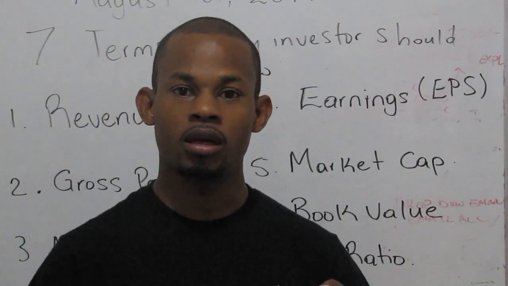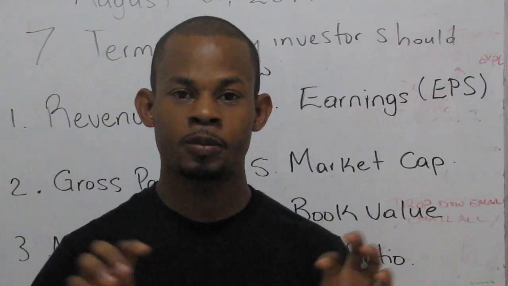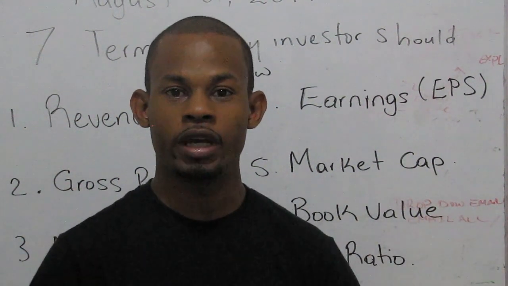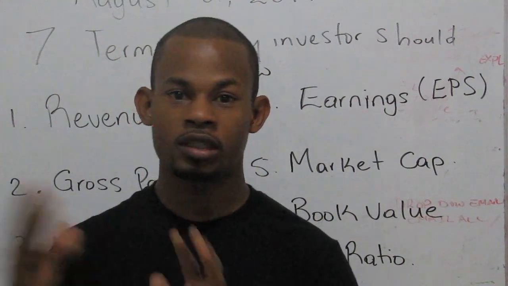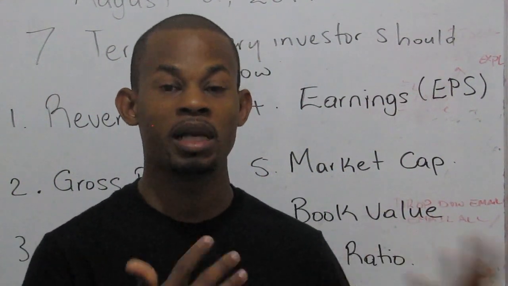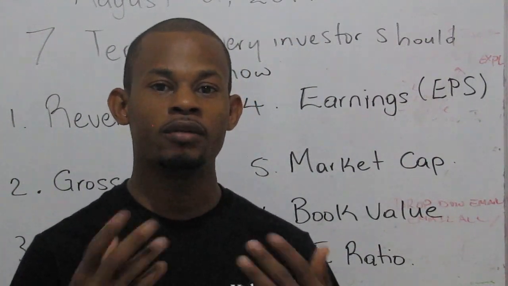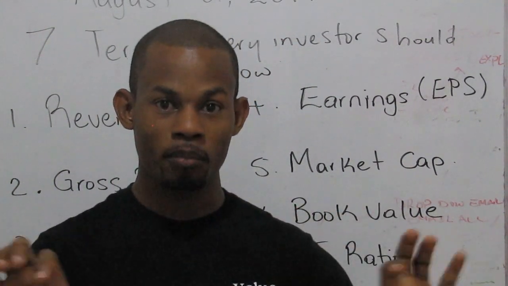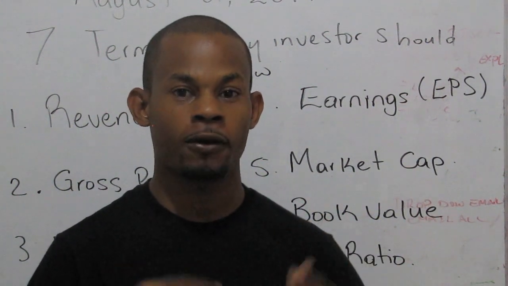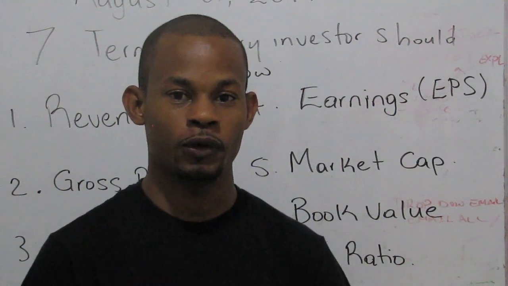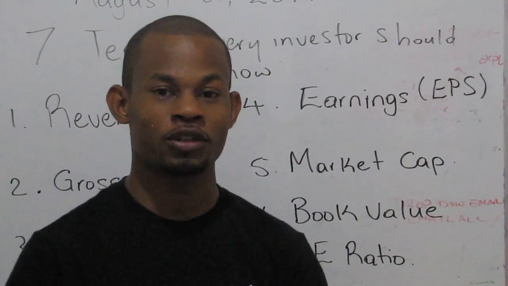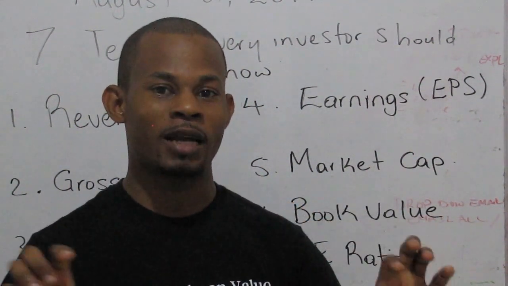So basically, when you're looking at the earnings per share, we take the total net earnings of the company, which for some of them might be hundreds of millions of dollars or even some billions of dollars, and we divide that number by the total number of shares that the company had in issue. That is the total number of shares that were in the hands of shareholders for that period.